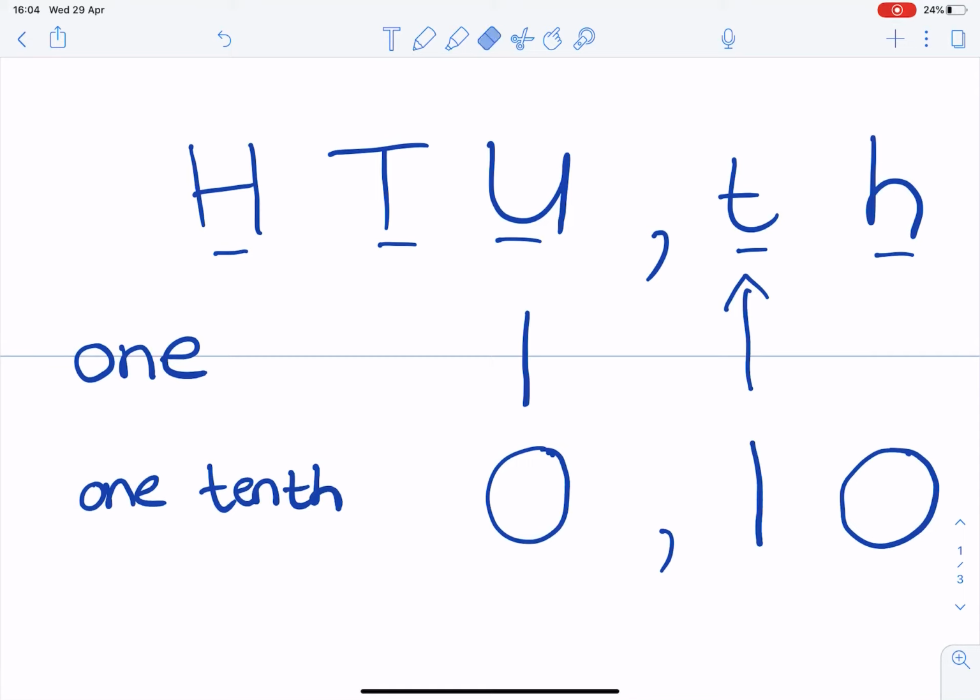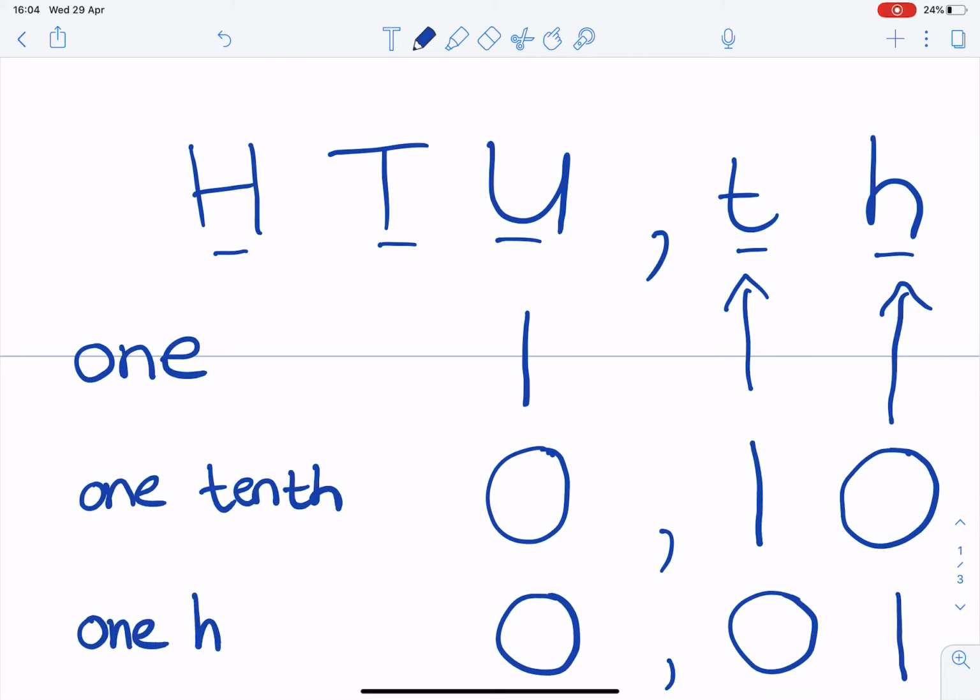If I put the 1 in this end column, it is in the hundredths column. And if I place zeros in all the other columns, 0,01 is 1/100th.